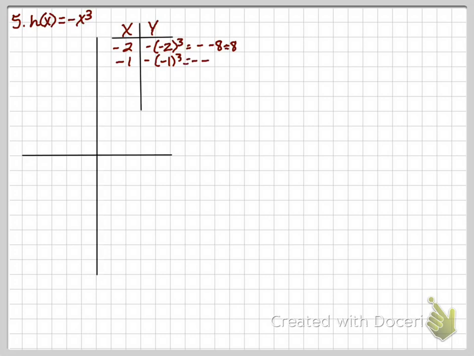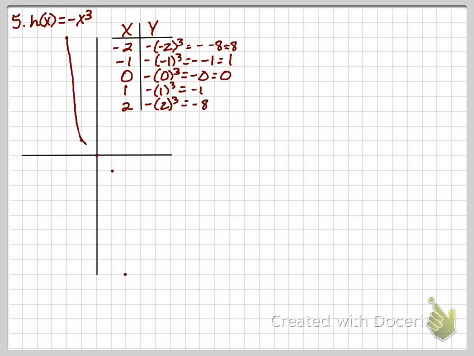That turns out to be positive 8. Negative 1 ends up giving us a y value of positive 1. 0 gives us a value of 0. 1 gives me a y value of negative 1, and 2 gives me a y value of negative 8.